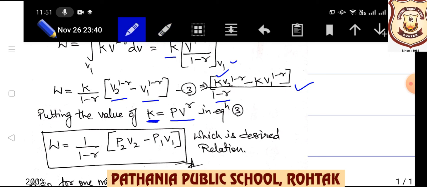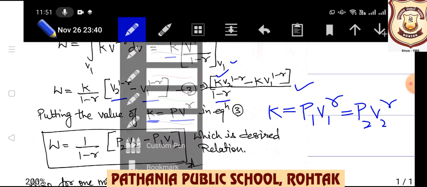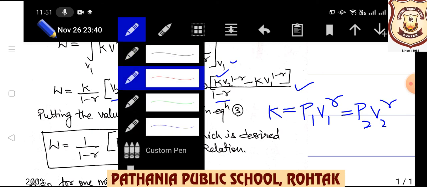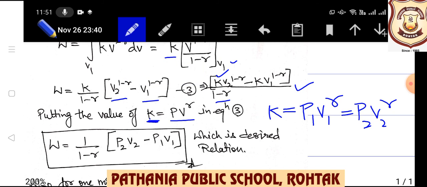K is a constant, so it can be kept outside the integral sign, and the integration of V raised to power minus gamma is V raised to power 1 minus gamma divided by 1 minus gamma. Putting the limits, upper limit minus lower limit, the formula of work done is equal to K divided by 1 minus gamma, V2 raised to 1 minus gamma minus V1 raised to 1 minus gamma.